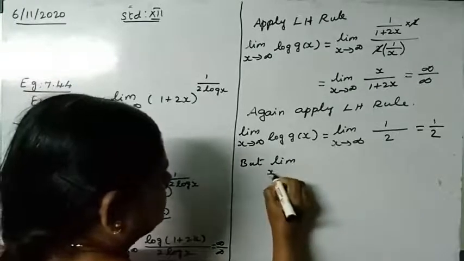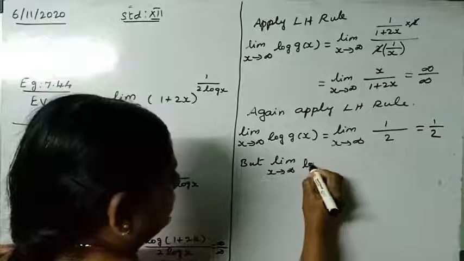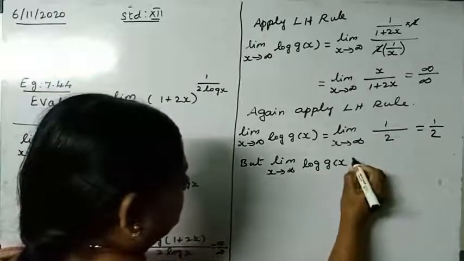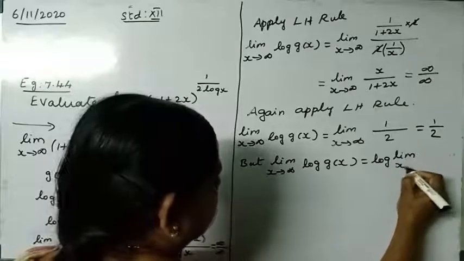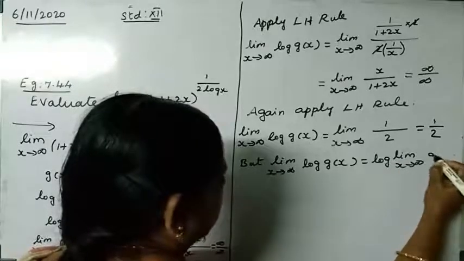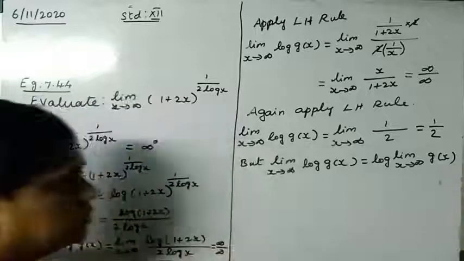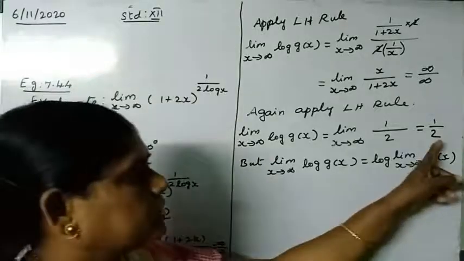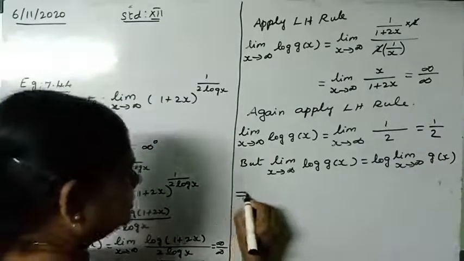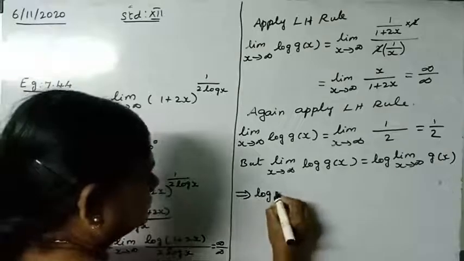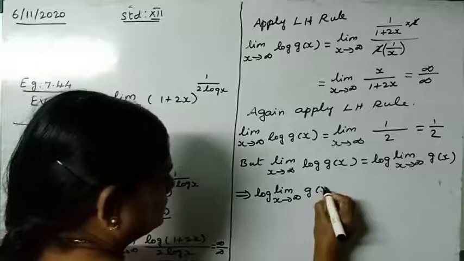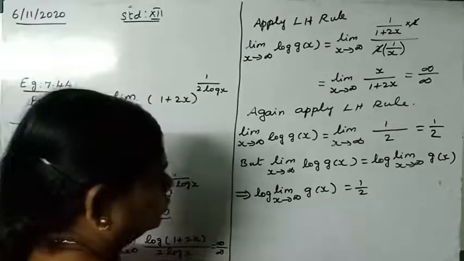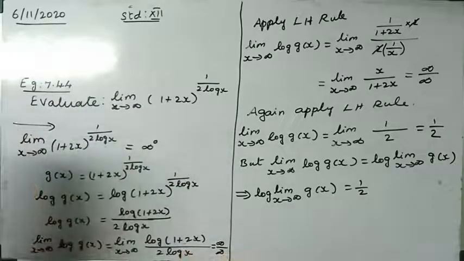So we can write limit x tends to infinity of log g of x as log of limit x tends to infinity g of x. The value of this is 1/2. So which implies log of limit x tends to infinity g of x is equal to 1/2. Now write in exponential form.